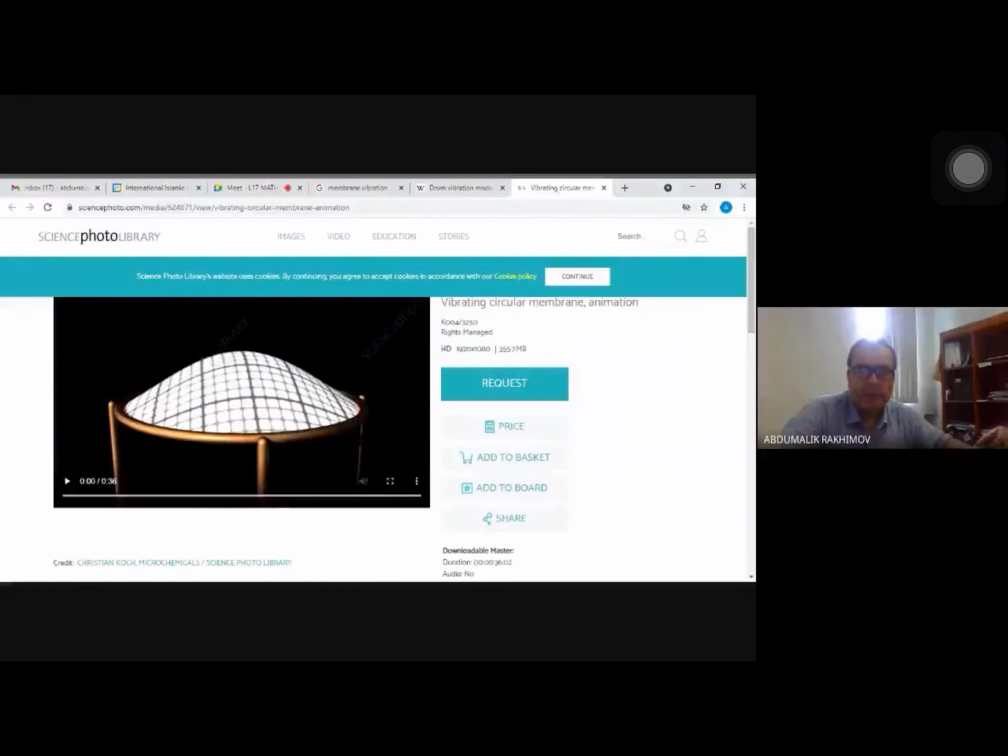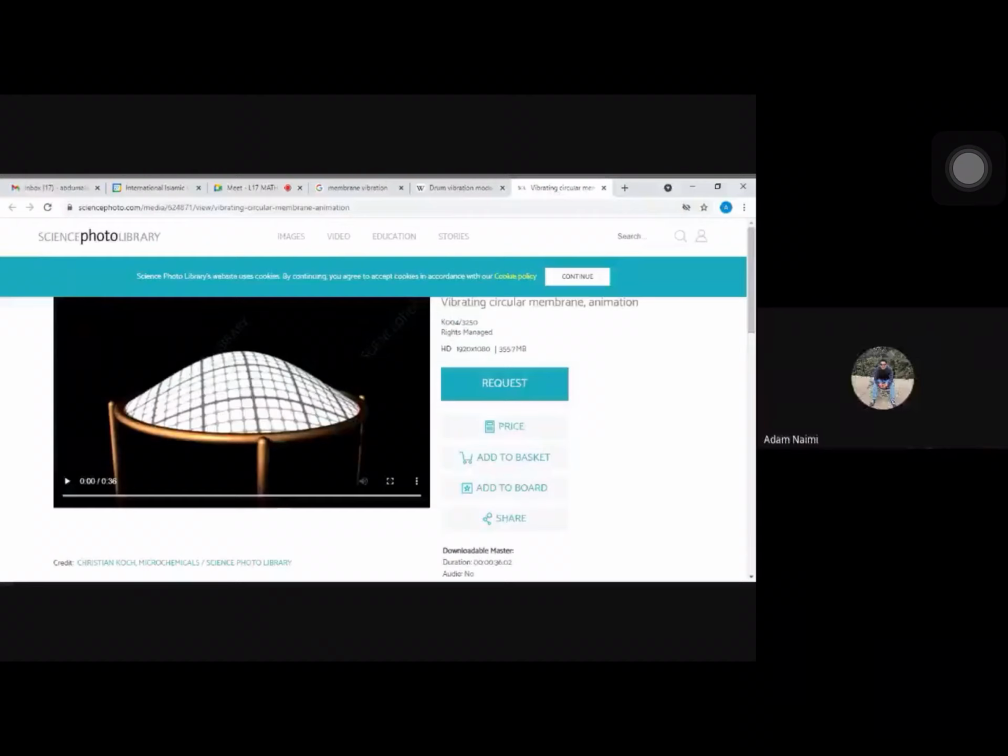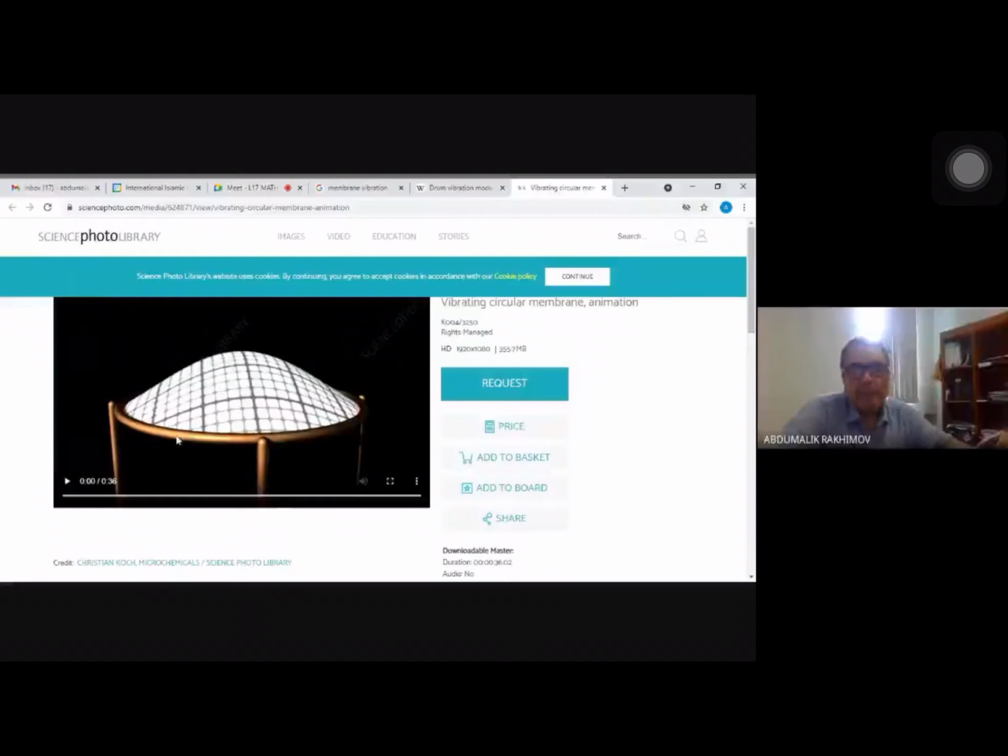Membrane? Yes, sir. This membrane, so actually this part is a membrane, right? Made from some material. Boundary is fixed. It is a circular membrane.